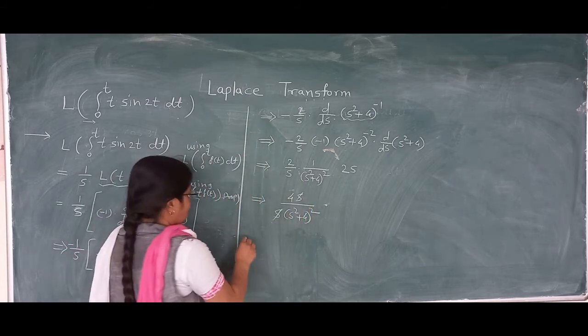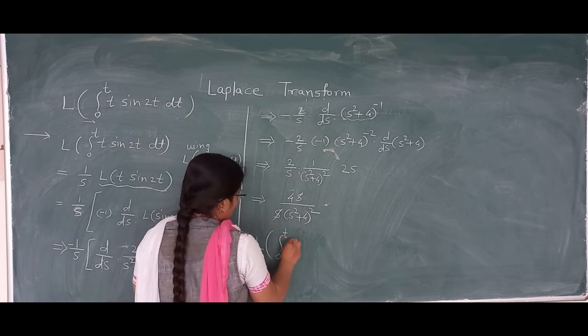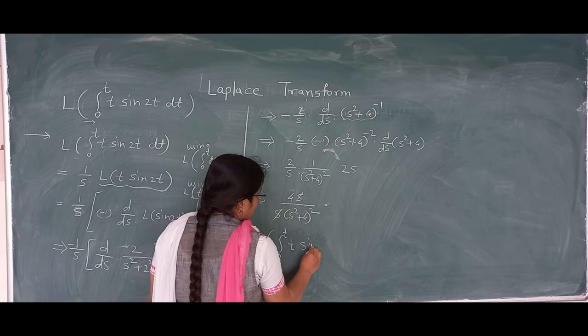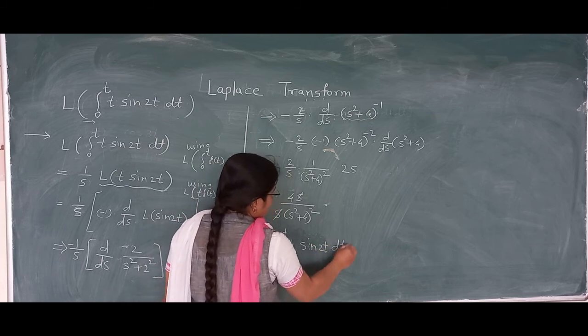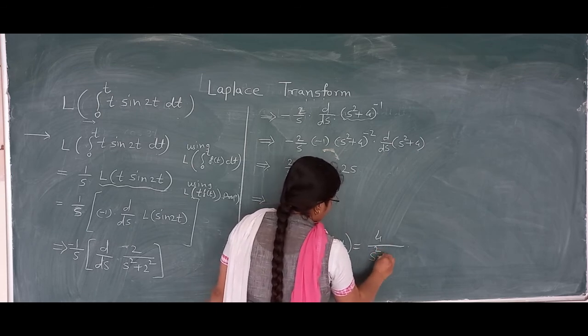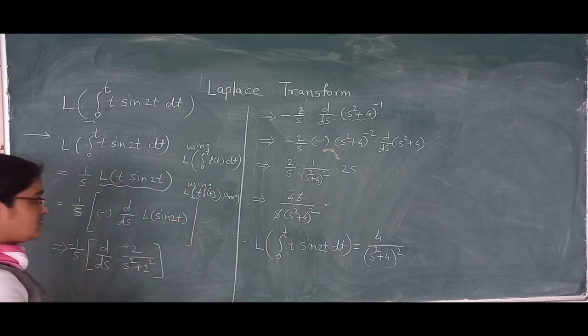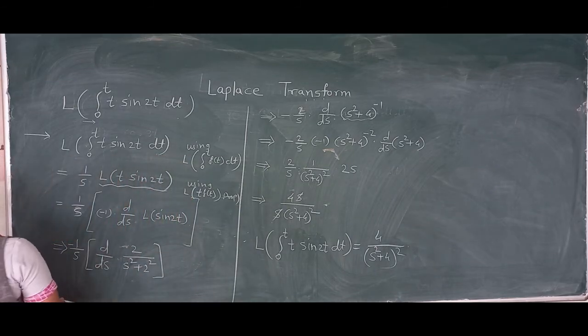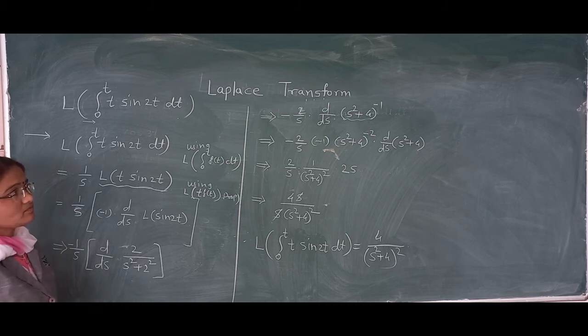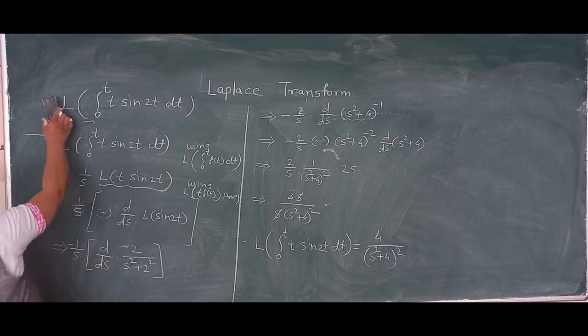The s's get cancelled, and therefore Laplace of integration 0 to t sine 2t dt is nothing but 4 upon s square plus 4 whole square. That is the answer of this question. Clear? Now, next question.